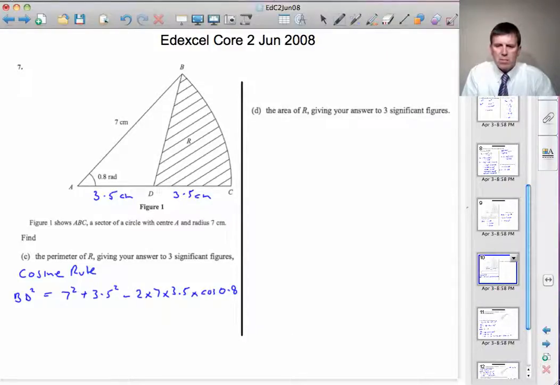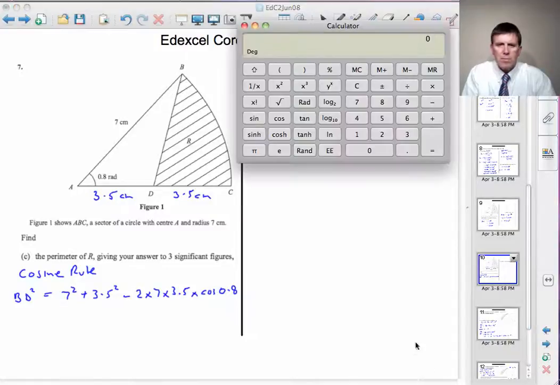So we use a calculator. Make sure we're in radians, not degrees at the moment. Let's put this in. 7 squared plus 3.5 squared minus 2 times 7 times 3.5 times the cosine of 0.8. And on this calculator you have to put the angle in before you hit the cosine button, and that gives 27.11.